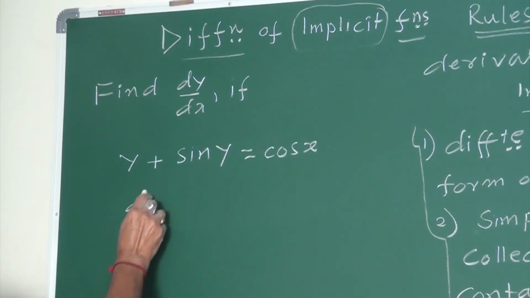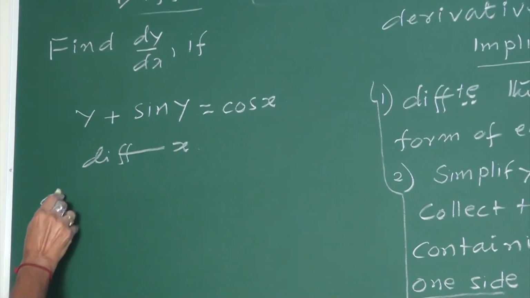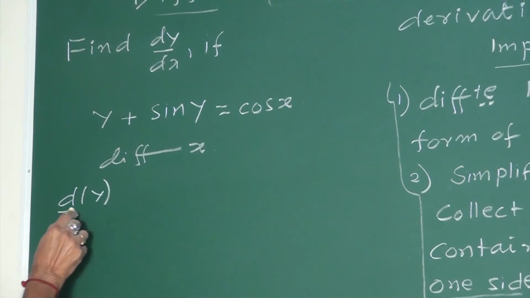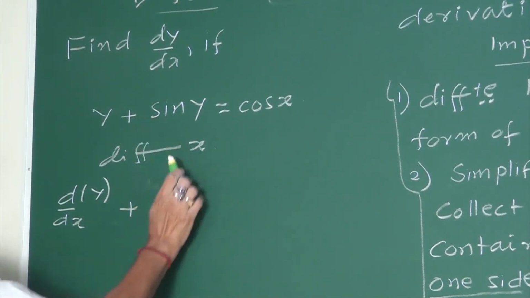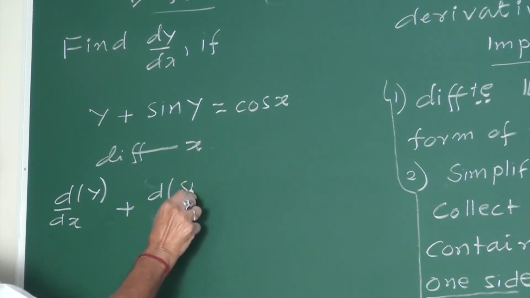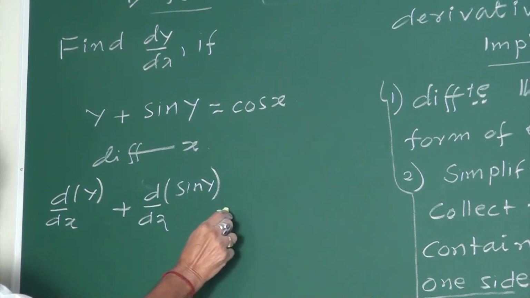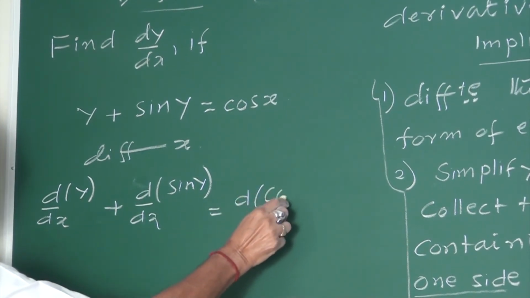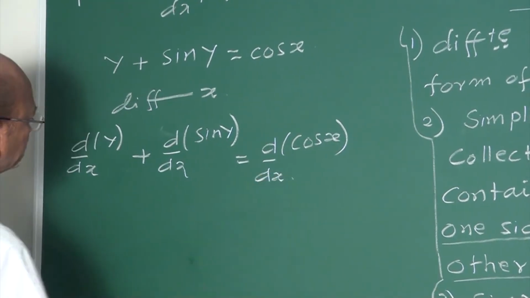First step, differentiate with respect to x. Derivative of the first term plus derivative of the second term, sin y with respect to x, equals the derivative of cos x with respect to x.